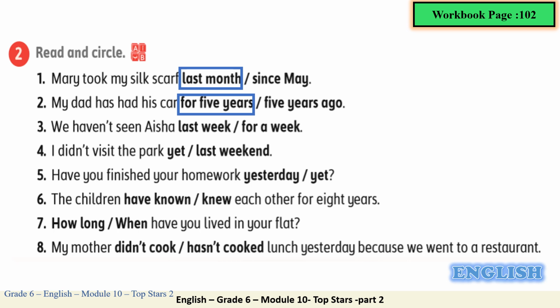Very good. This is present perfect simple. So the correct answer is for a week. Very good. I didn't visit the park yet or last weekend. Yes, yet. This is present perfect time expression.